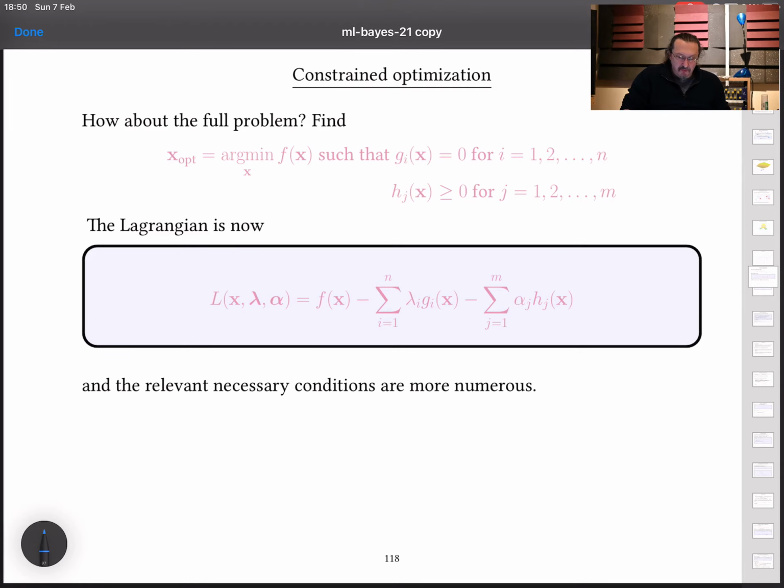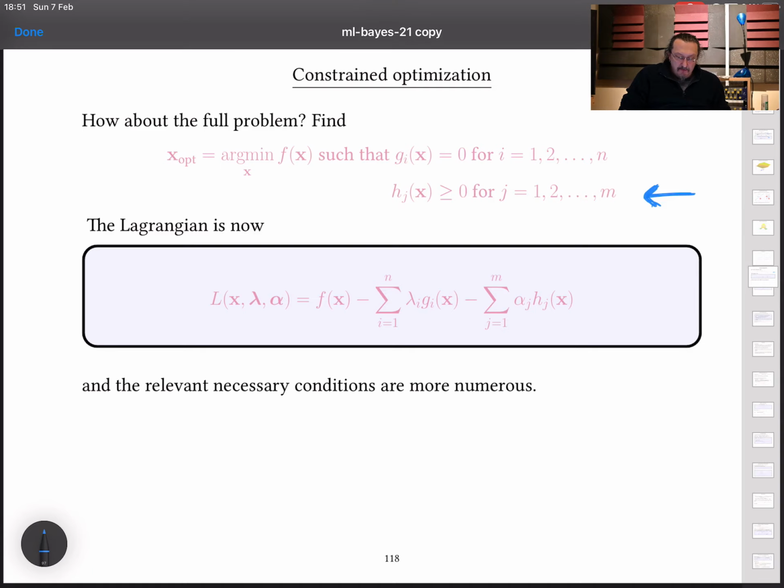We want to find the x that minimizes f of x, subject to, in this case, n equality constraints as before, but also m inequality constraints, which differ only in the fact that instead of having a function of our variables be equal to 0, we now want it to be greater than or equal to 0. So in a sense it's a slightly softer constraint that we would introduce when we talk about an inequality constraint as well.